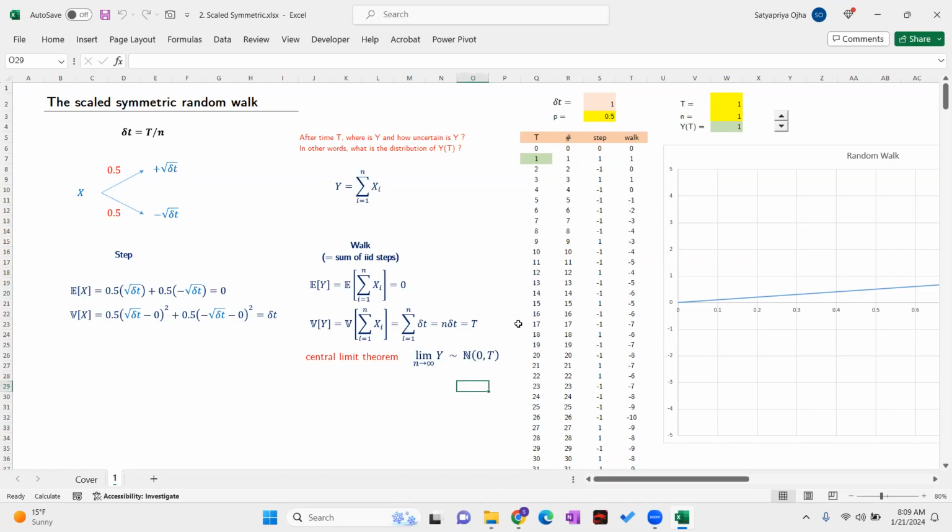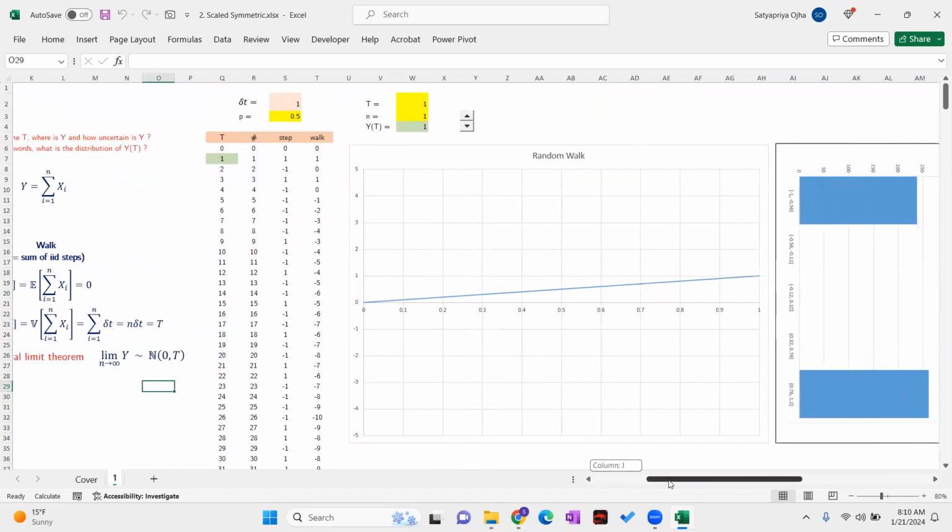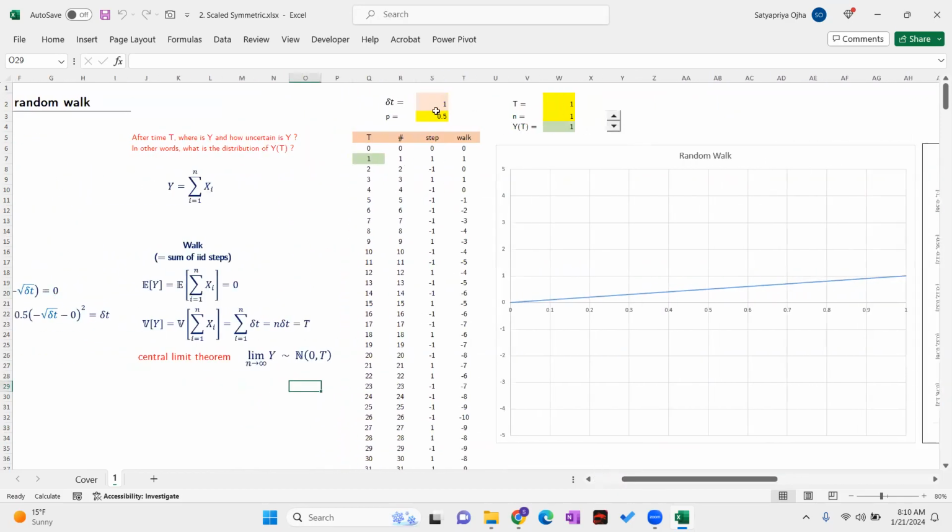Okay. So let's do the animation for the same. So here, based on number of steps, obviously, the delta t would be total time capital T divided by n. Right now, everything is 1, so this is 1. I can change the number of steps, it doesn't matter. Delta t will keep changing. The step size will change.